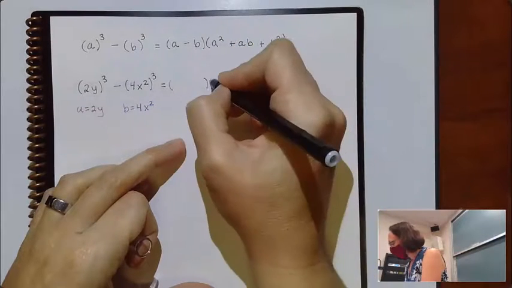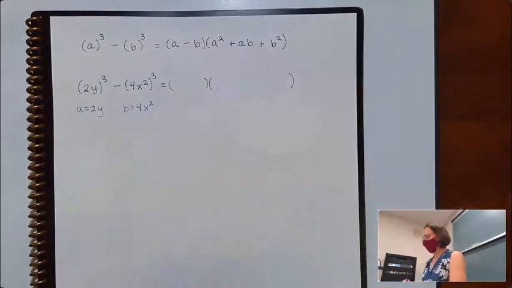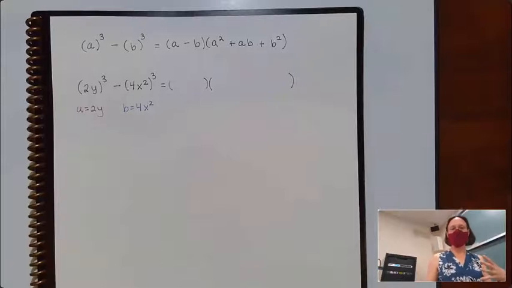So on your paper, just go ahead and practice putting all the pieces where they go in the formula and simplifying what you can. Plug the pieces in where they go, simplify if you can.